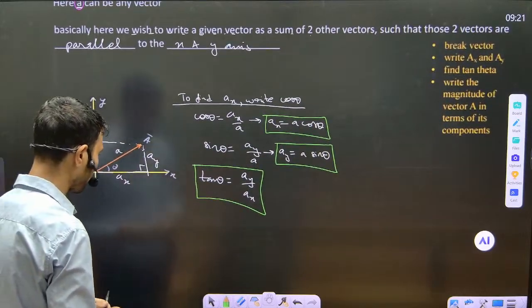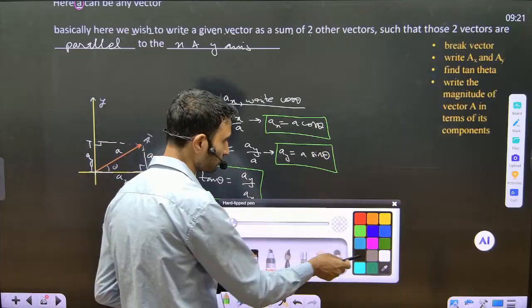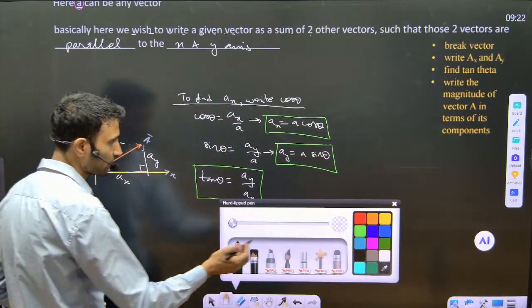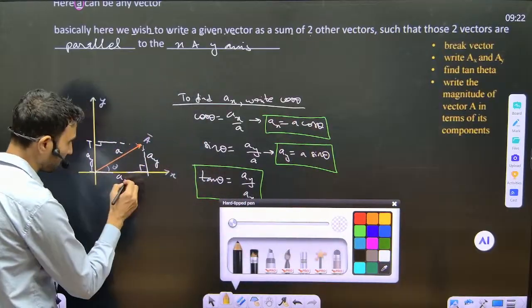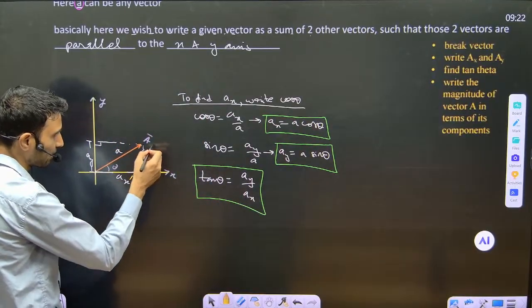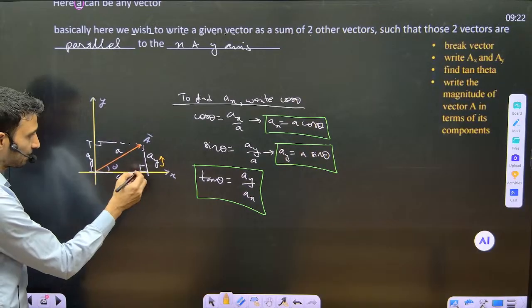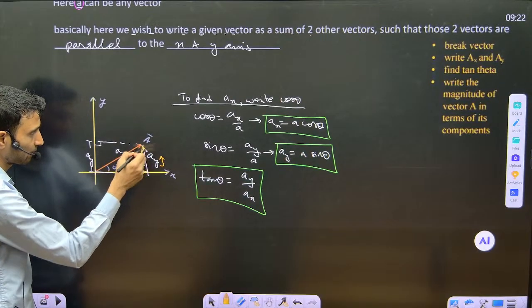Then we can also write, okay, what is this vector? It is multiplied with what? Ax i cap, and this is Ay j cap. Ax is in the i cap direction, Ay is in the j cap direction, right?